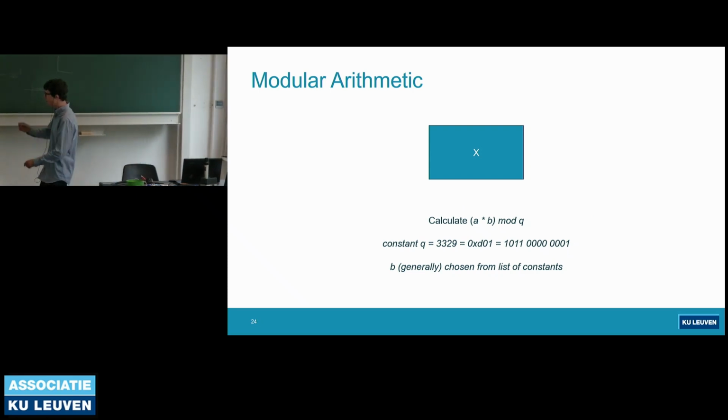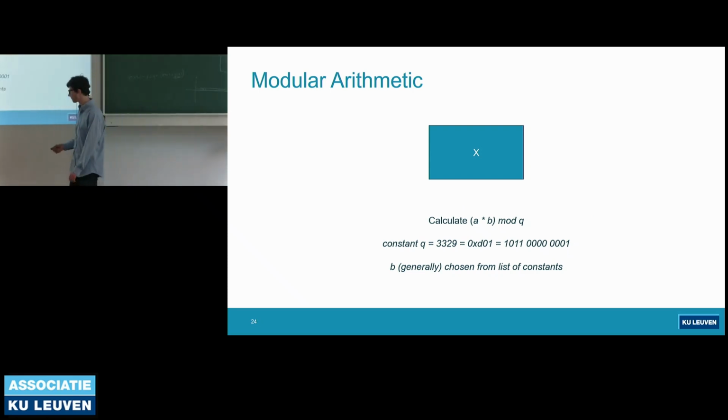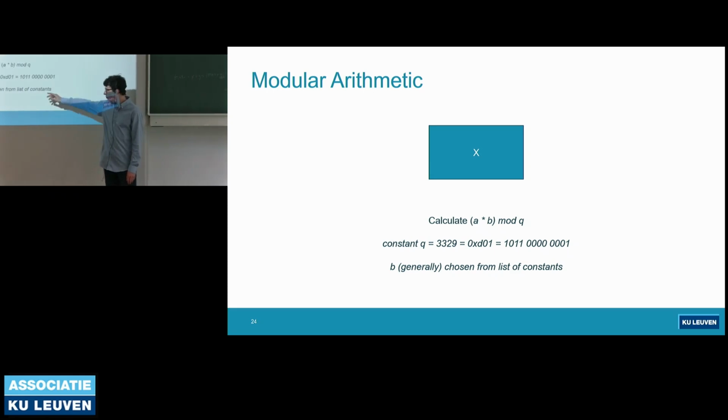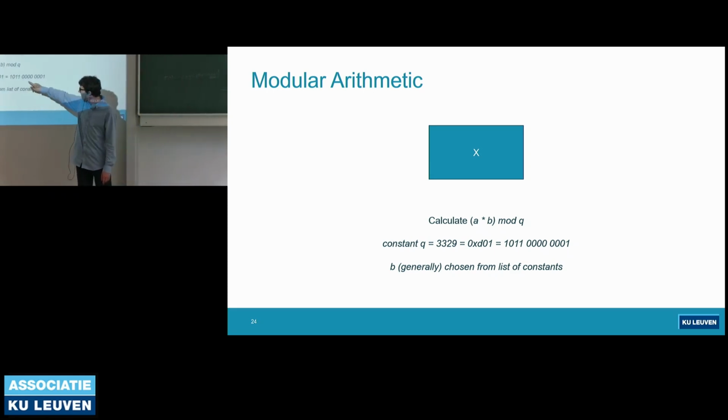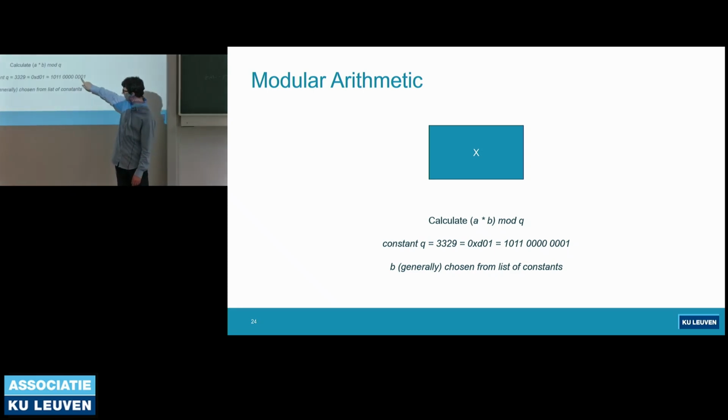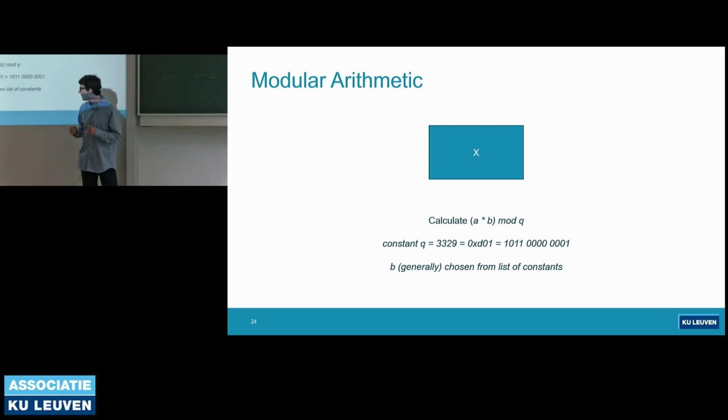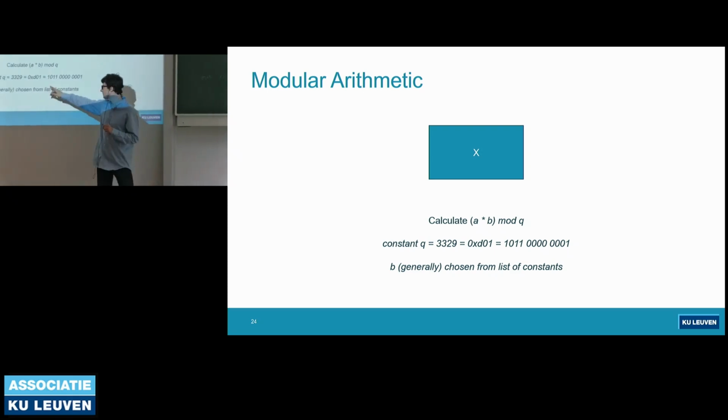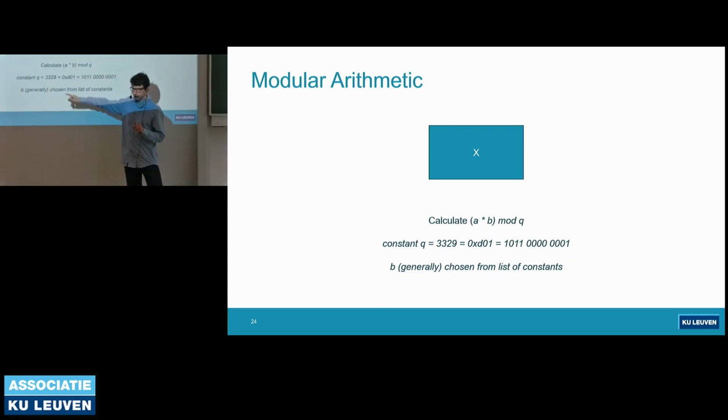It's calculating A times B mod Q, with Q being a constant, which we'll come back to later, and being kind of a nice constant, because there's a lot of zeros in here, which we as hardware designers like a lot. And this is also important: B is generally also chosen from a list of constants.